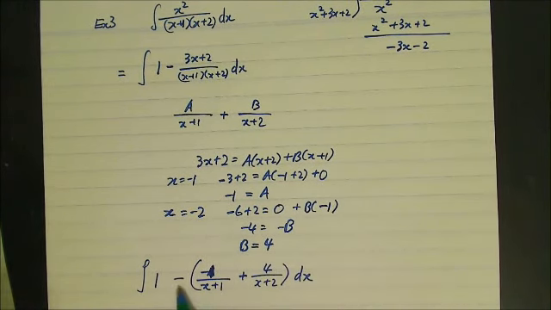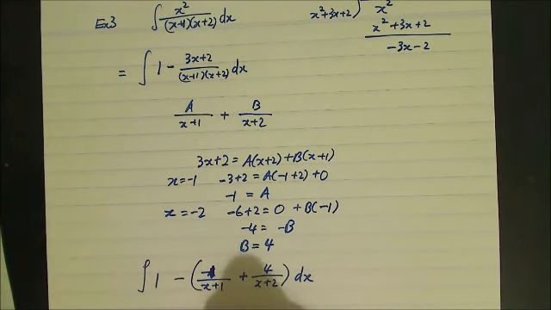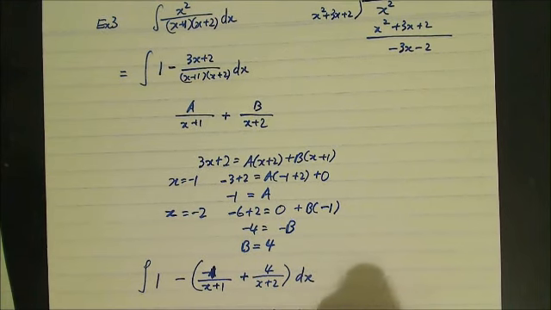Now carefully going through all the negative signs, we have this turning out to be x, minus minus becomes plus, so x plus ln|x plus 1|, and minus plus becomes minus, so we have minus 4 ln|x plus 2|, plus c.